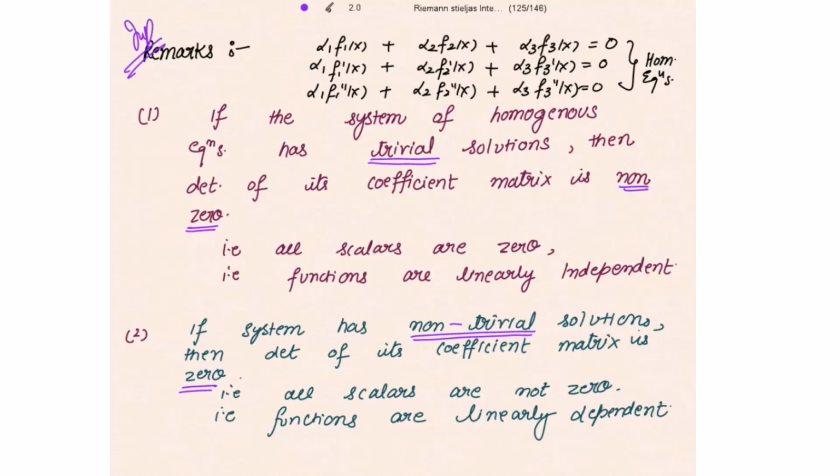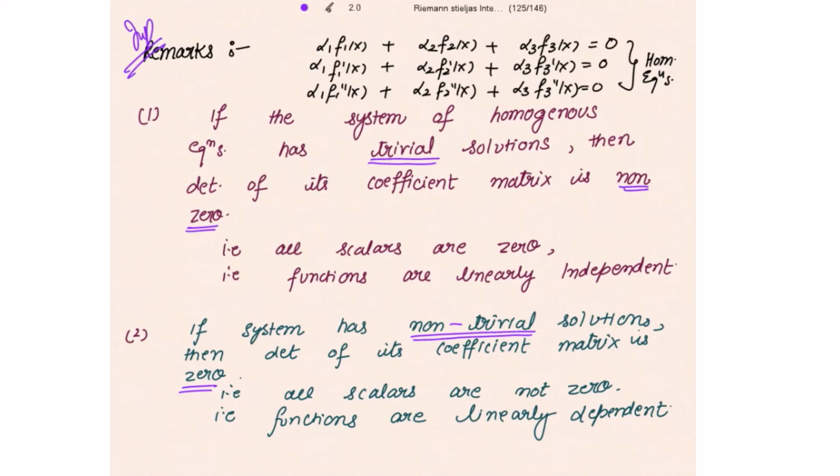And if the system has a non-trivial solution, meaning not all the scalars are 0, then the functions are linearly dependent. For that, the determinant of the coefficient matrix comes out to be 0, right?